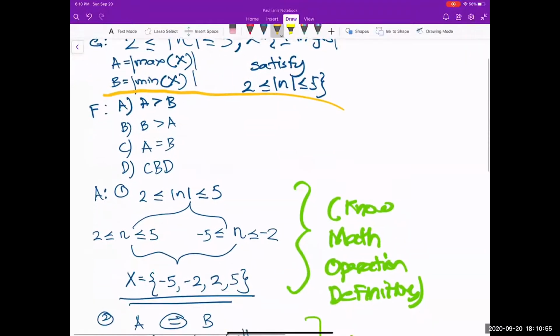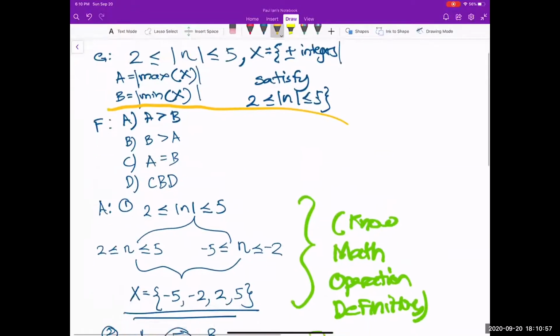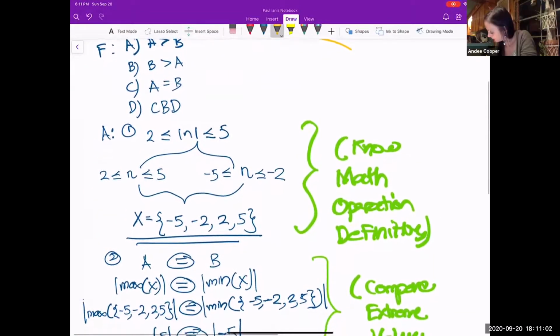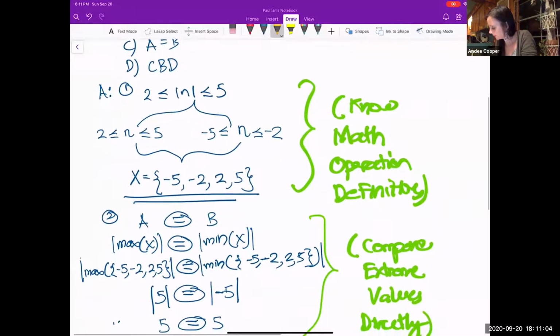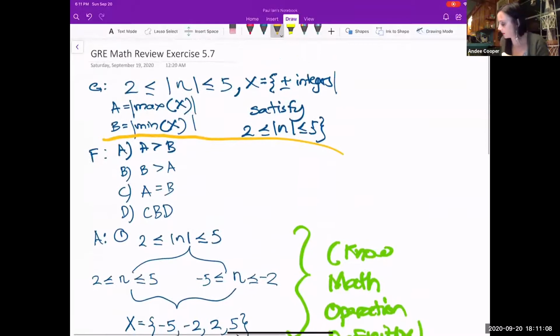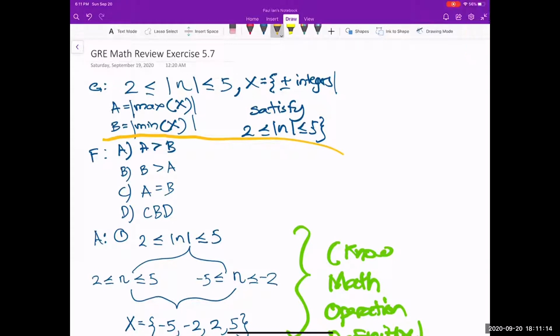Kind of, yeah. But what about the absolute value? The absolute value is 5, because it could be -5 or 5, right? The absolute value means it's positive, right?